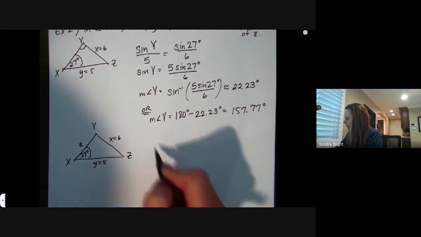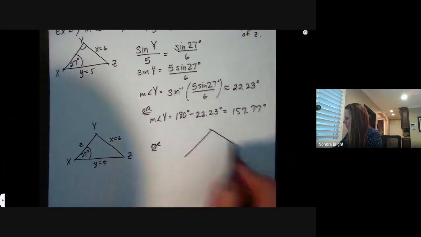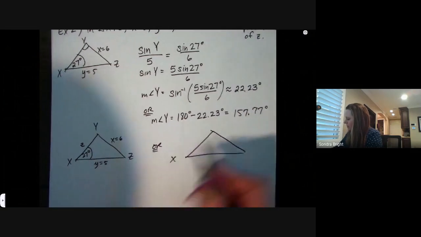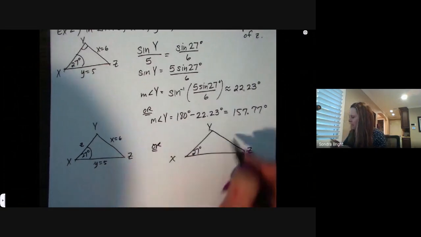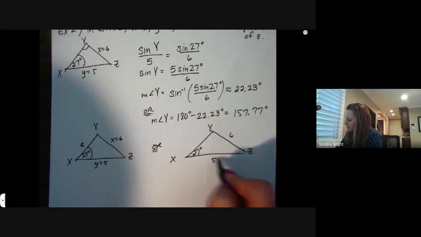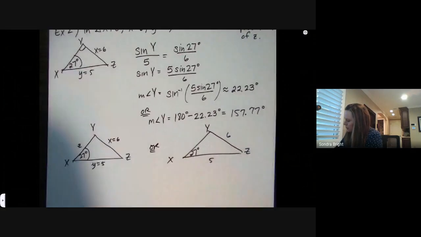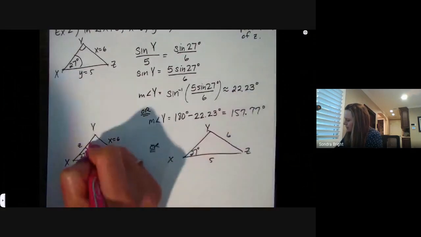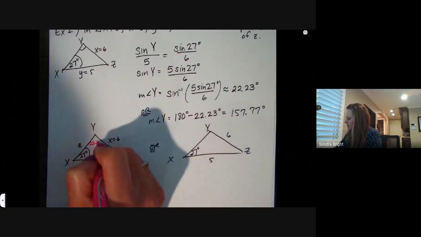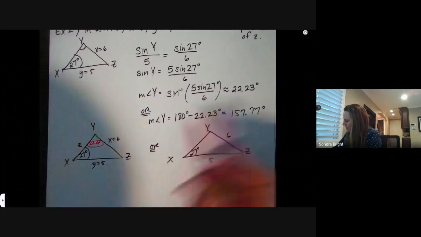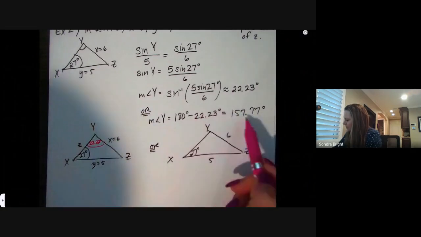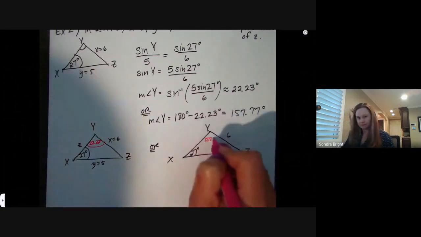Second triangle: x, y, z, 27, 6, 5. The first y value we came up with was 22.23 degrees, and the second triangle, if it exists, is 157.77 degrees for angle y.